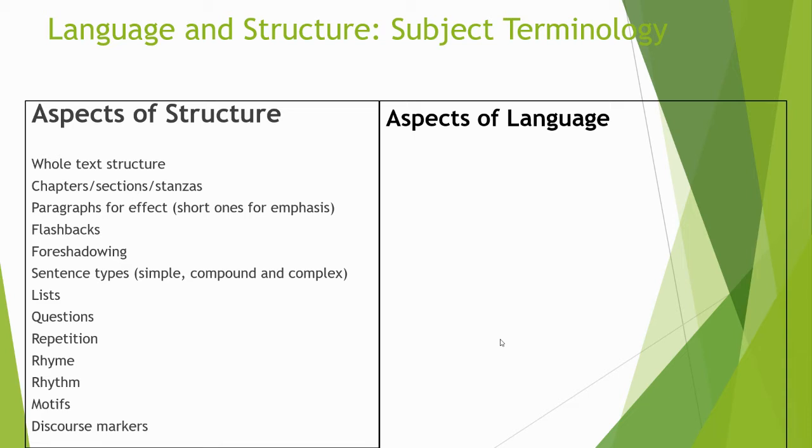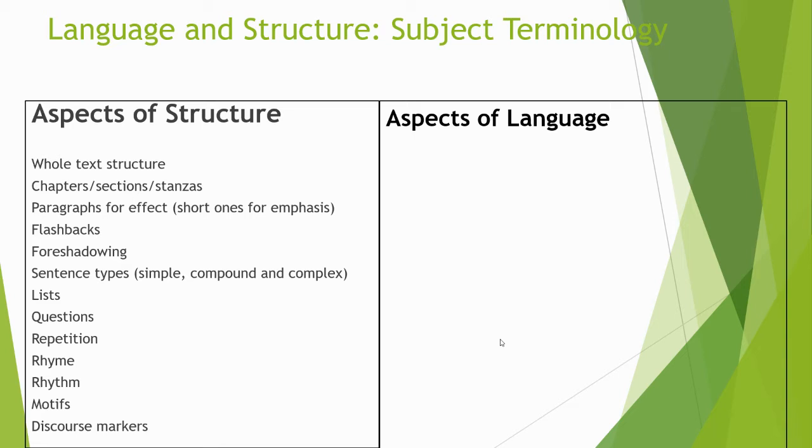Sometimes writers use really short paragraphs just to emphasize something. Sometimes, mostly, writers use paragraphs just to group ideas together. But structure is also about things like flashbacks, when a writer flashes back to something that's happened previously in the text. Or the opposite of that is foreshadowing, when a writer hints at something that's going to happen later.